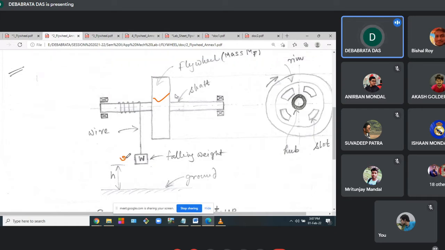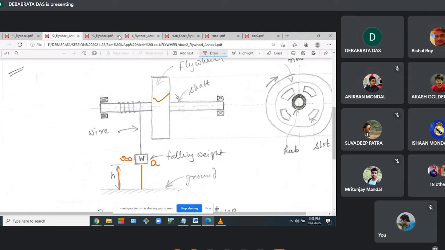We are releasing it from rest, and it is having some constant acceleration, and it is passing through this height and hitting the ground. So can you not apply the kinematic equation of constant acceleration? S equal to ut plus half at square.